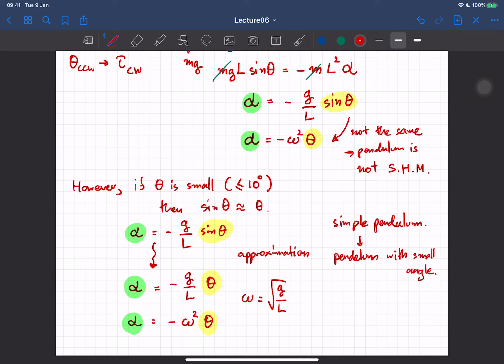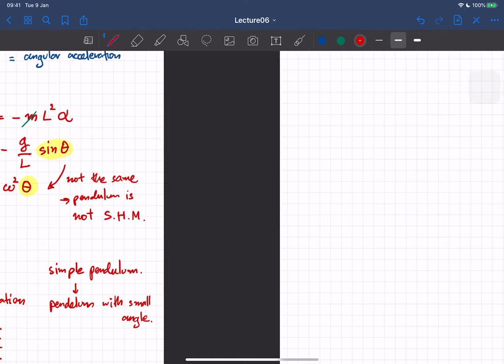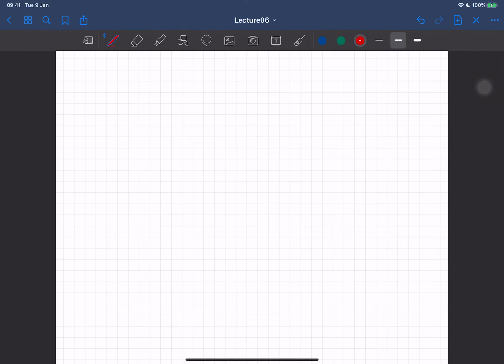Next thing that I need to talk about is the energy in simple harmonic motion. And to do that, I'm going to go back to the mass and spring system because that's the simplest. Anytime something is moving, there are two kinds of energy involved.